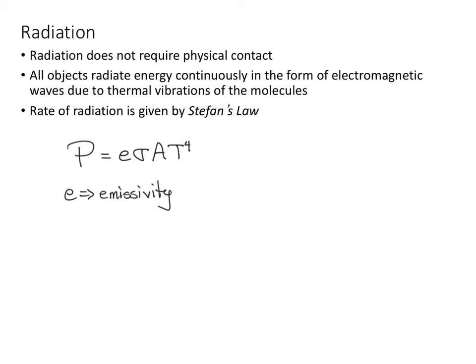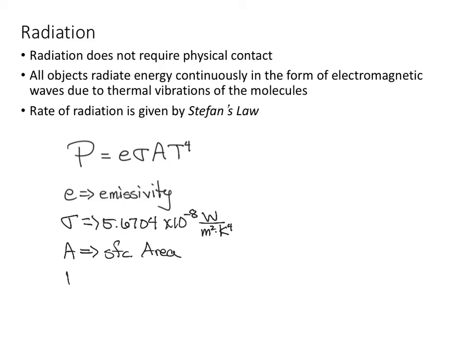Sigma is a constant given by 5.6704 times 10 to the minus 8 watts per square meter kelvins to the 4th. So it's very important here that our temperature is in kelvins. A is the surface area of your object.